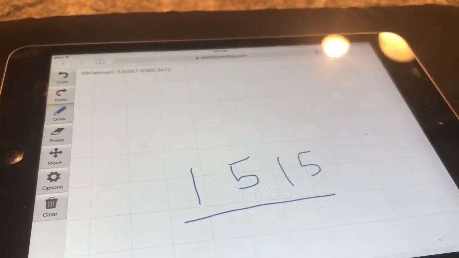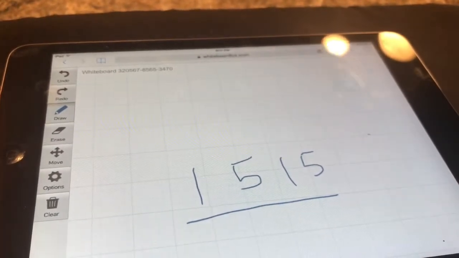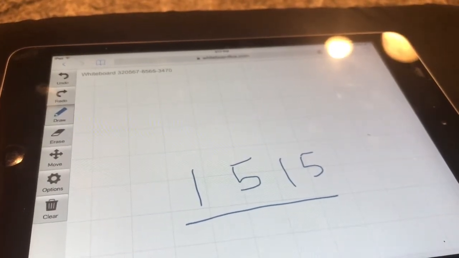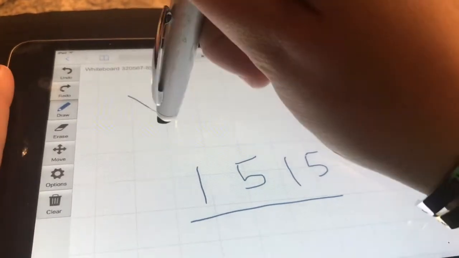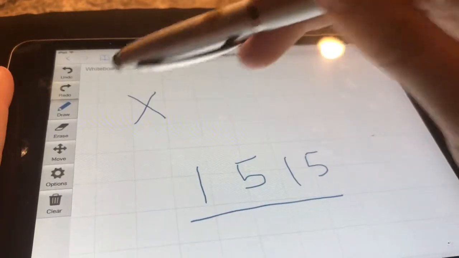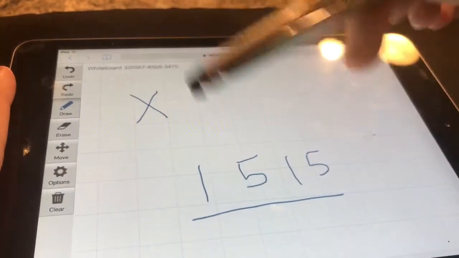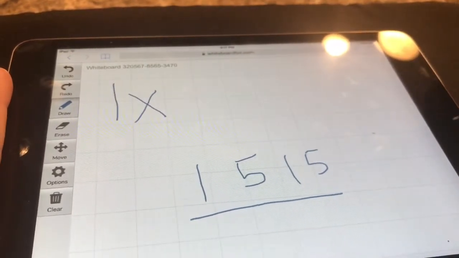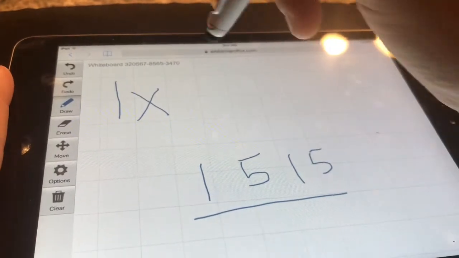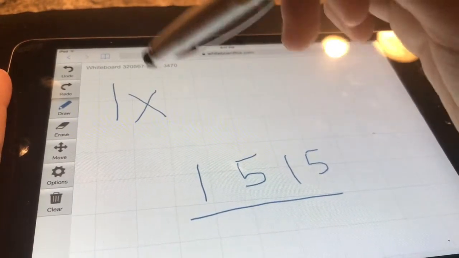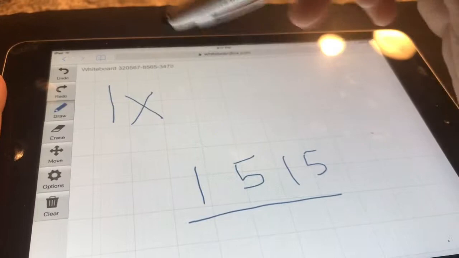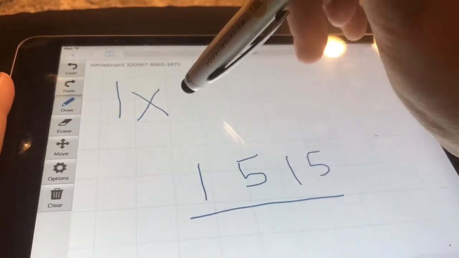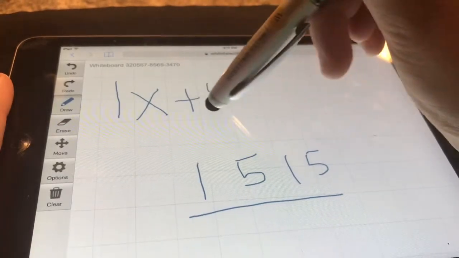I don't know how to explain it, but basically you're doing x squared minus x. So what's 2 minus 1? 2 minus 1 is just 1, so you're just going to have 1x here. There's also no coefficient. I mean, there is, it's 1, but I'll write it just to be nice. And then you're going to move on to your next number. Because this has an x in front of it already, you're not going to put any variables with the 5. So 1x plus 5.